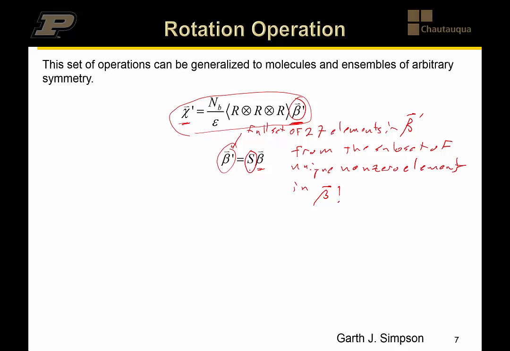Well, we're going to multiply it by a 27 by 2 matrix, and that's what this symmetry matrix is here. It's a 27 by 2 symmetry matrix.